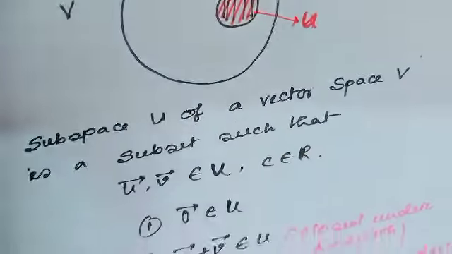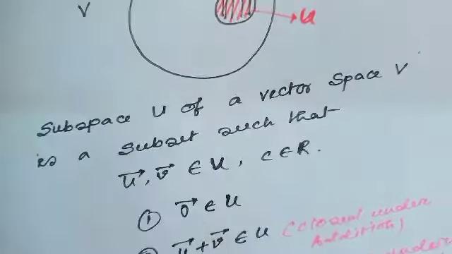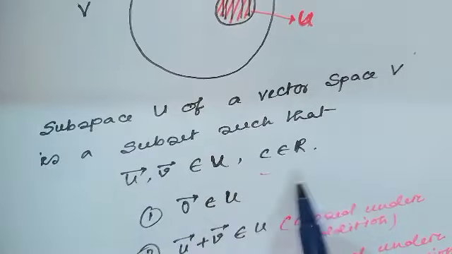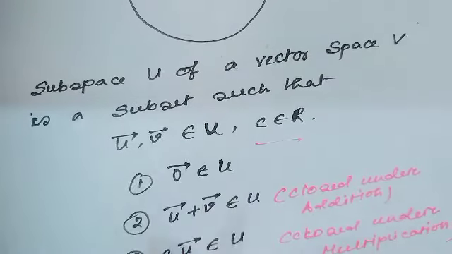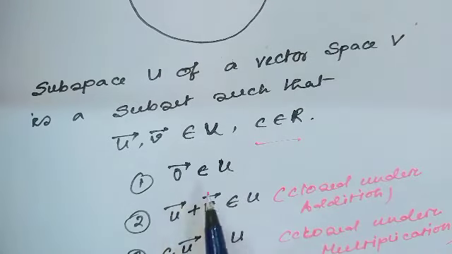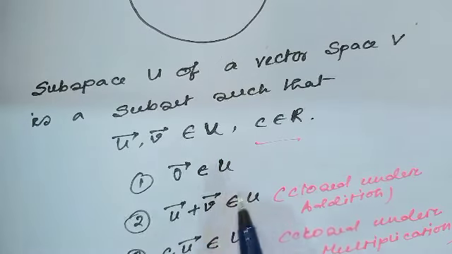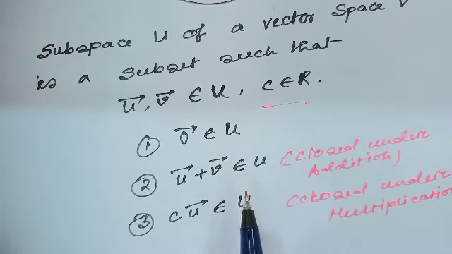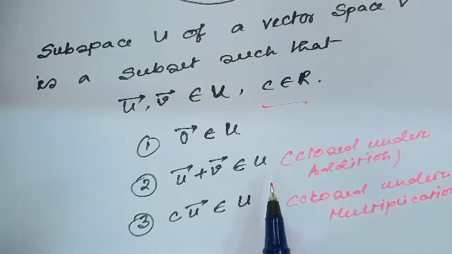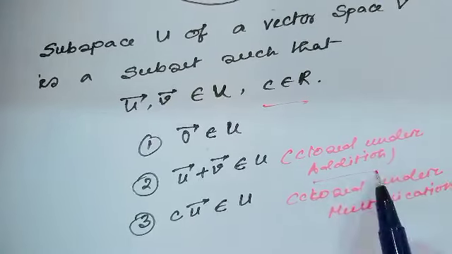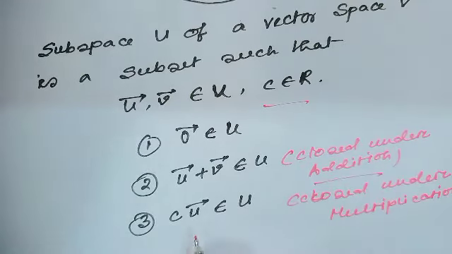Consider two arbitrary vectors u and v belonging to this subset U, and c belonging to the real numbers. Then the 0 vector is always contained in this subset U, and u plus v is always contained in U, meaning this subset is closed under addition, and cu is always contained in this subset.